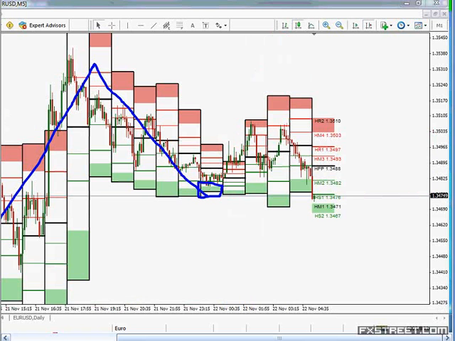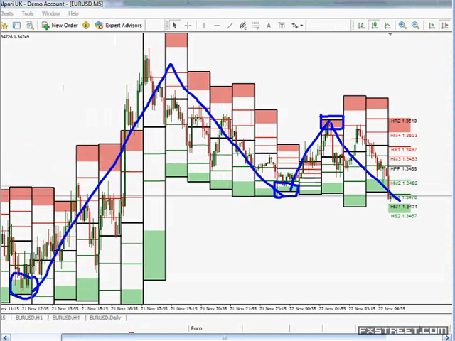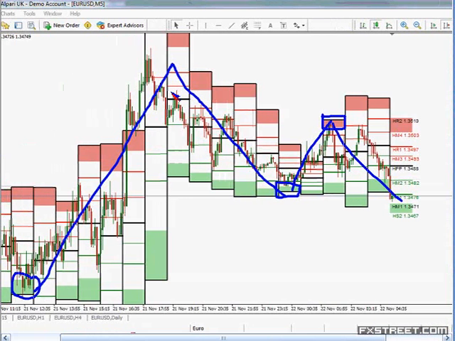In Asia, the hourly pivots were the resistance, and we've been short from there. So you can see how the pivots have been quite important in terms of areas of support and resistance or profit taking throughout the course of the day, and that's just hourly pivots.